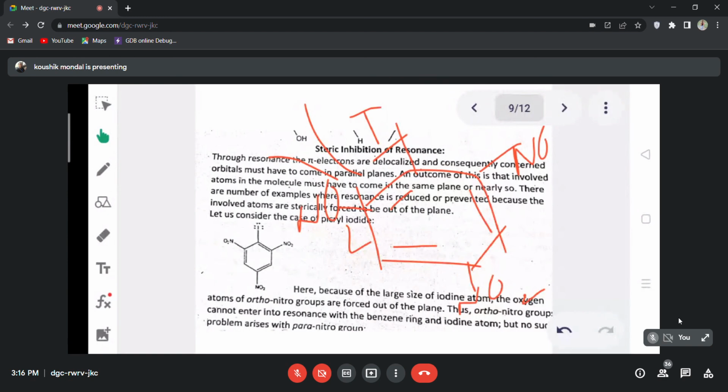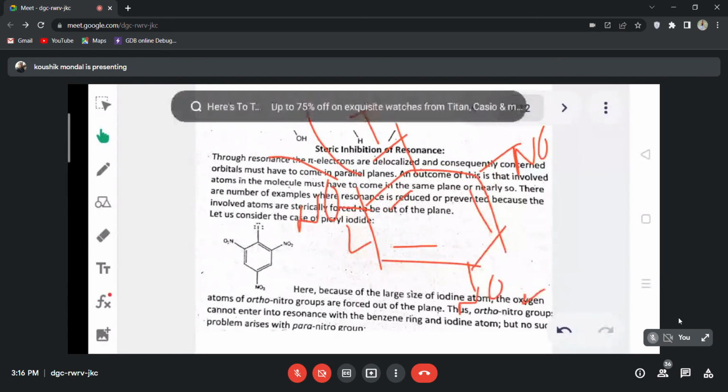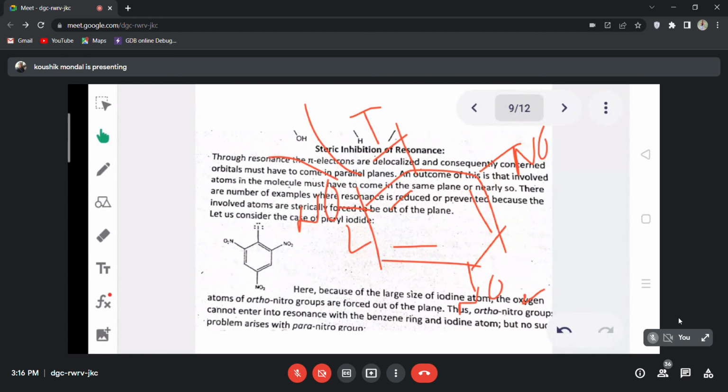So I have given a basic idea of four stabilizing effects. In midsem, it will be asked what these effects are and, if possible, to give an example; not much more than that will be asked.